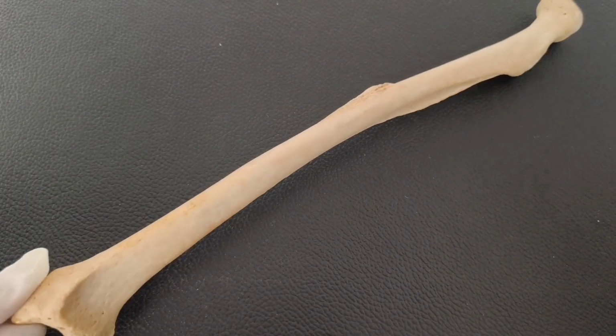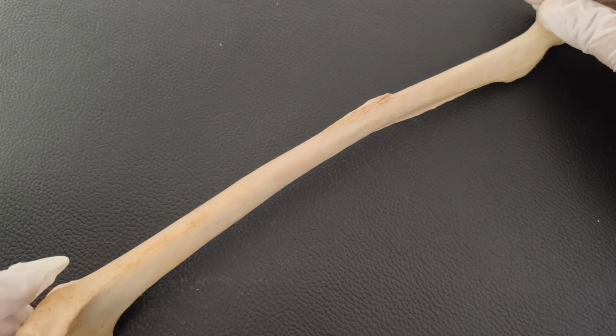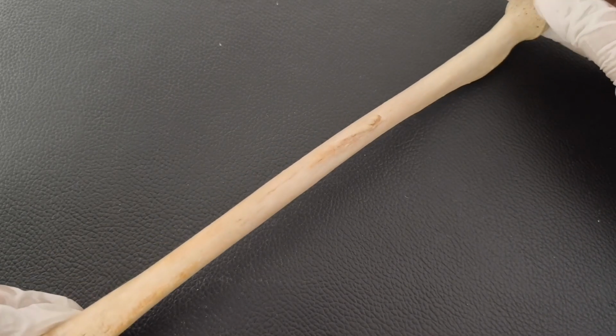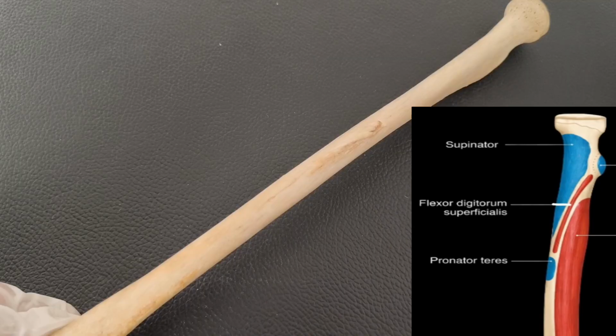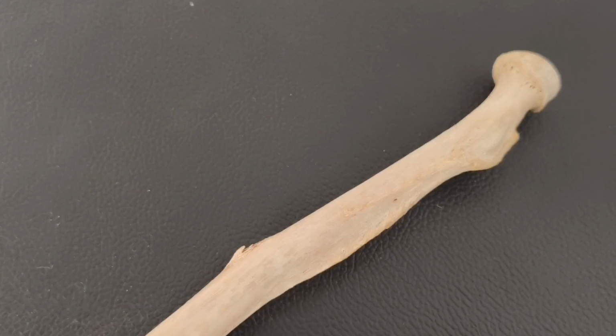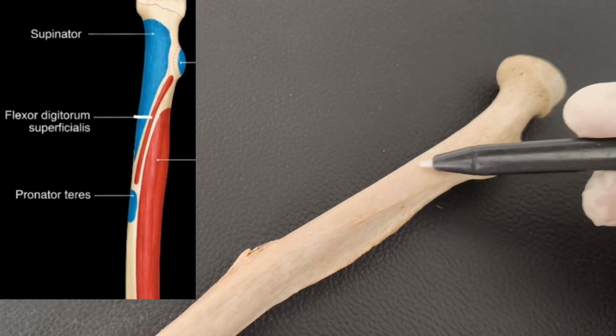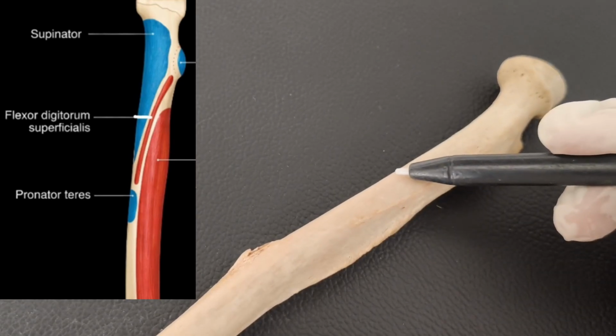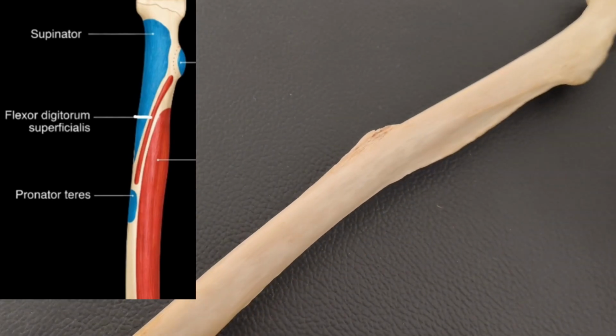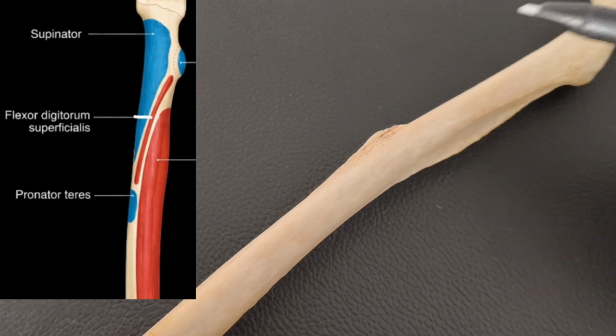Now talking about the lateral surface, from the lateral surface we have insertion of two muscles, the supinator muscle and the pronator teres muscle. So on the upper part of the lateral surface we have insertion of supinator muscle over here, and on the middle part of the lateral surface, we have insertion of pronator teres muscle.